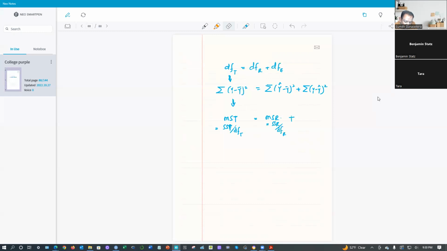I'm not going to put plus here. I put a comma, so they don't add to each other. Mean squared error is sum of squared error divided by degrees of freedom of error.